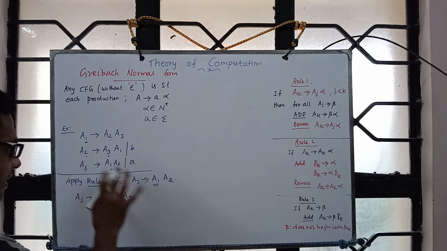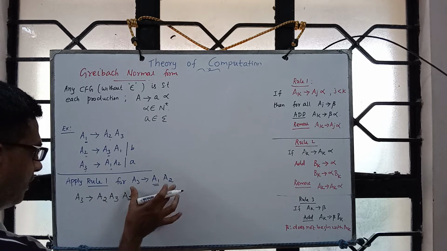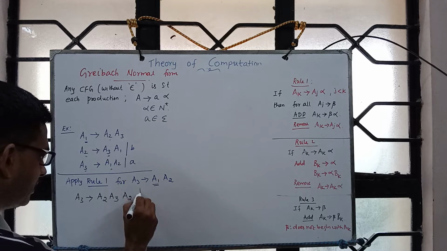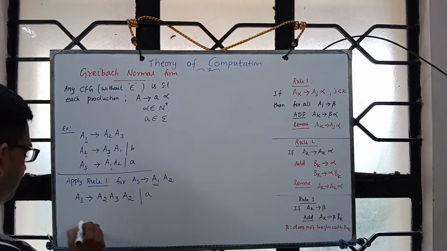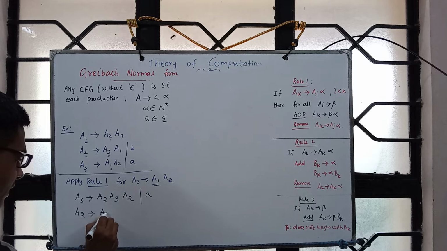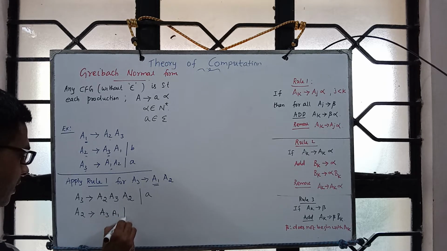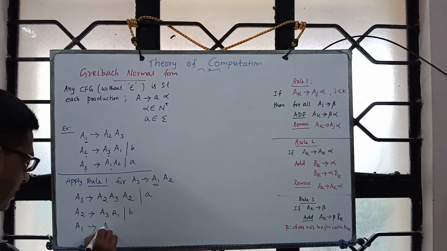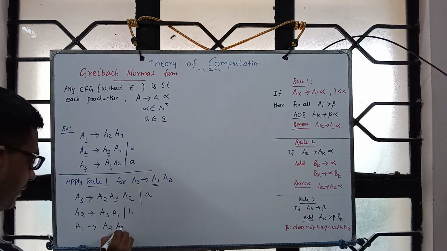The rest remains the same, and we remove this production. So A3 implies this or this, and A2 implies A3 A1 or B, and A1 implies A2 A3.